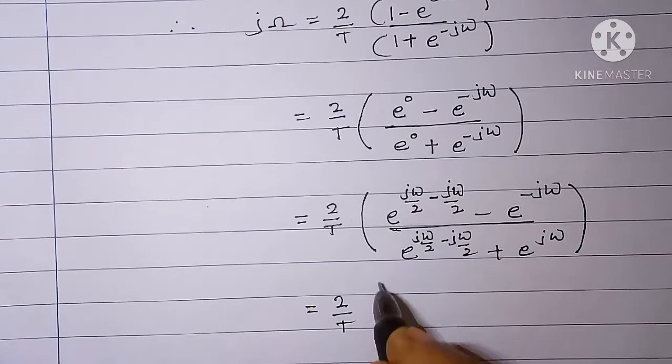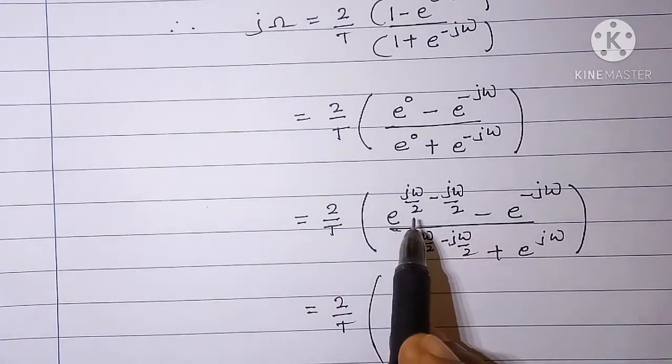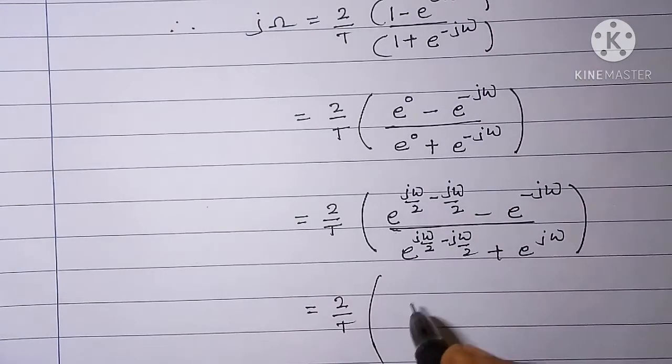Two by T into the bracket. Now I will take e raised to j omega by 2 and e raised to minus j omega by 2 separately by using laws of exponents.